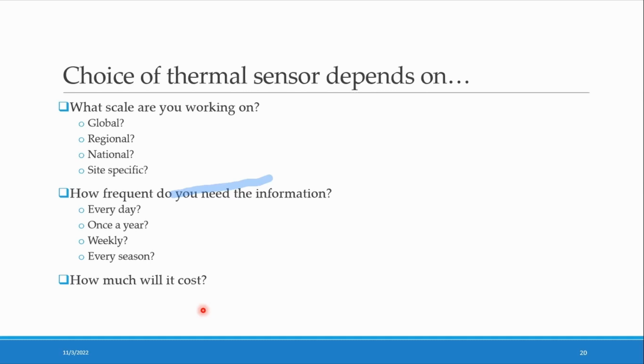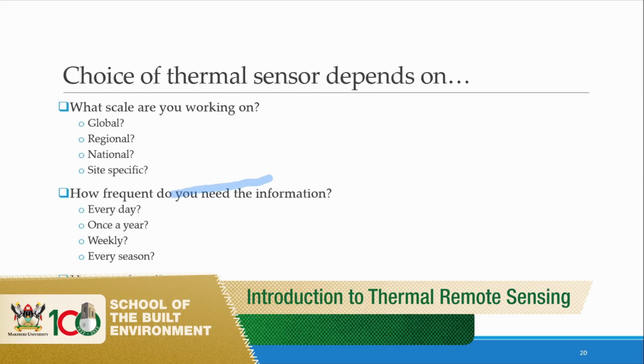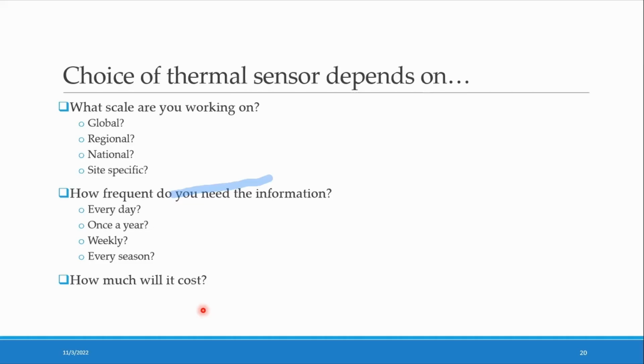So for you to analyze temperatures on a daily basis, you will go for sensors that have a temporal resolution of 1 day. With these sensors, you will find that those are the ones that can give you data on a daily basis.